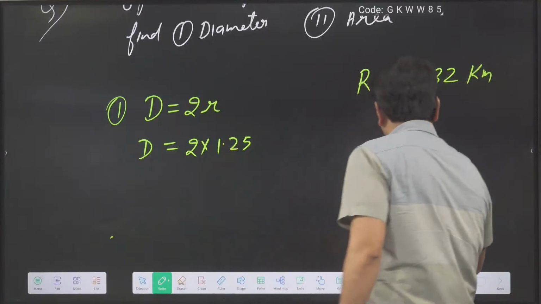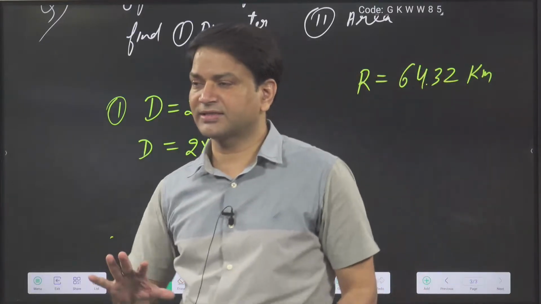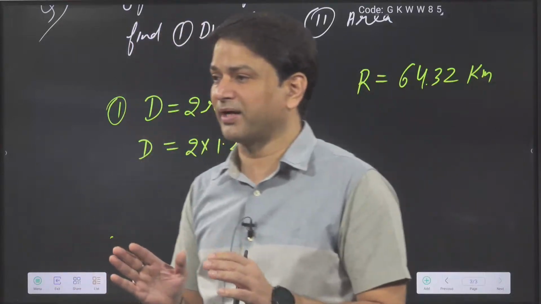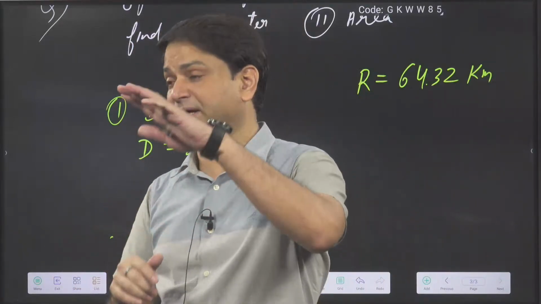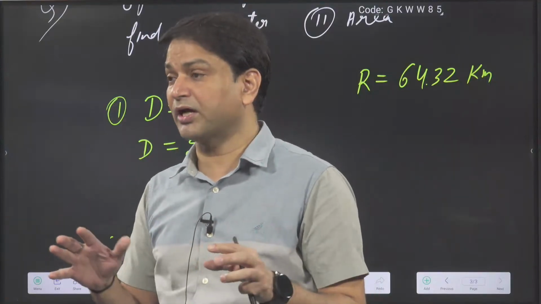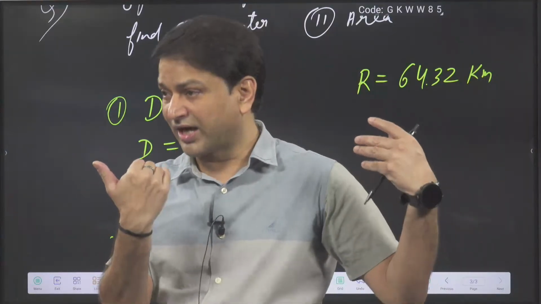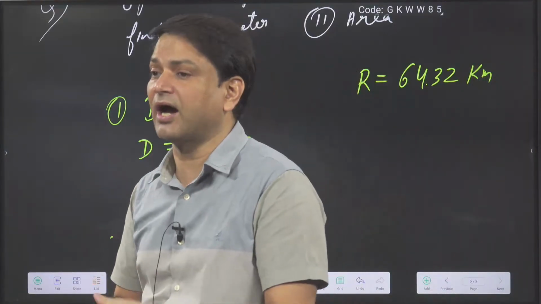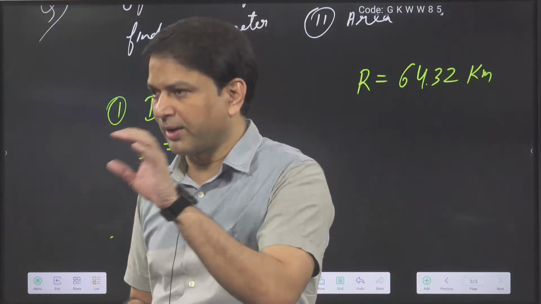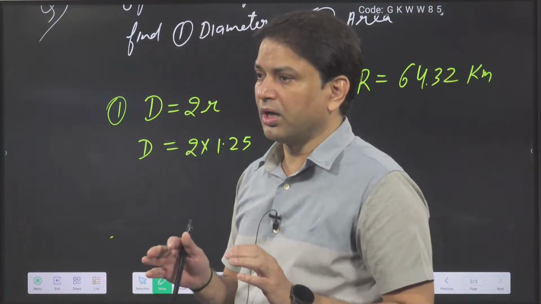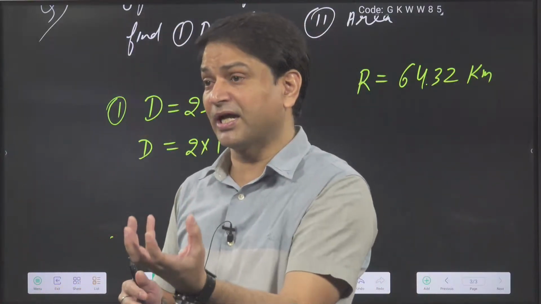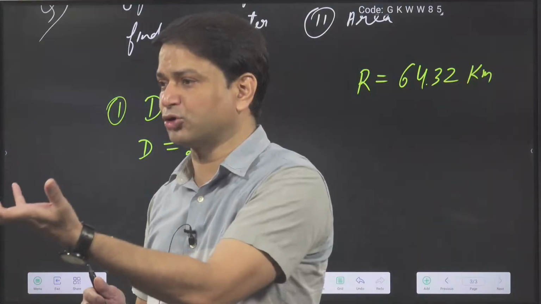So listen, an exact number is not a measurement. In the beginning when I started significant figures, I said one thing: we are learning significant figures for experimental data, measurements, or any physical quantity. So it is not for a pure number. So this 2 here, the diameter is 2 times the radius.